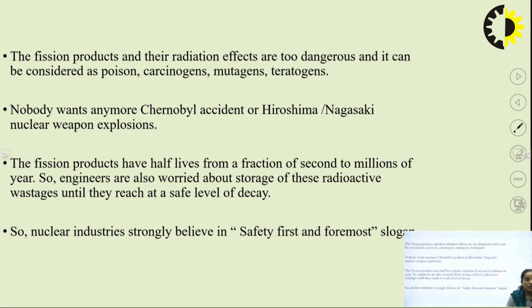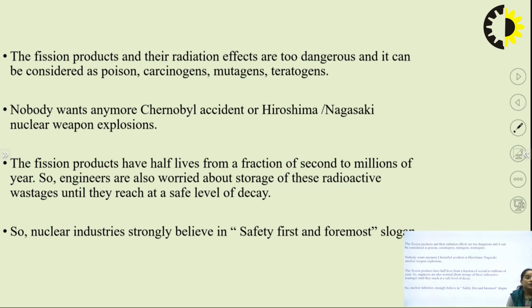As we know, the Chernobyl incident happened, and the Hiroshima and Nagasaki nuclear weapon explosions happened. The consequences of those incidents are still visible, and even after so many years we can easily find the drawbacks of these incidents.